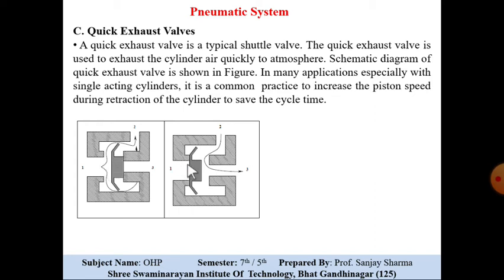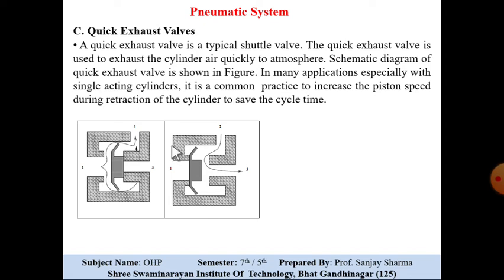For example, when air is right now entering here, this button will be pulled, and as soon as it is pulled, the air will be immediately released from here. In many applications, especially with the single acting cylinder, it is common practice to increase the piston speed during retraction of cylinder to save the cycle time, where this quick exhaust valve is used.